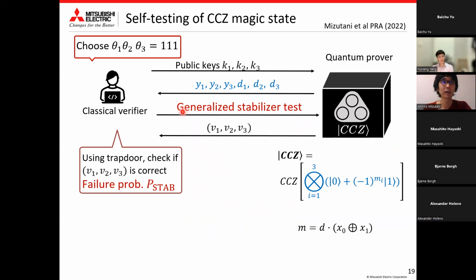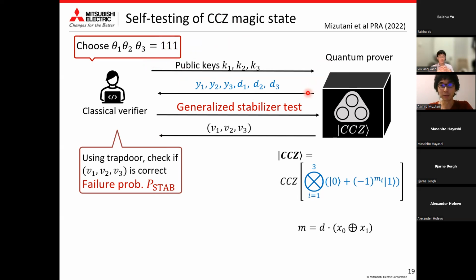So far I explained the checks of the prover's X basis measurement and Z basis measurement. Using this kind of information, we execute the test of generation of the CCZ magic state. So this is the target state in our self-testing. This check is done when the verifier chooses theta as all 1.